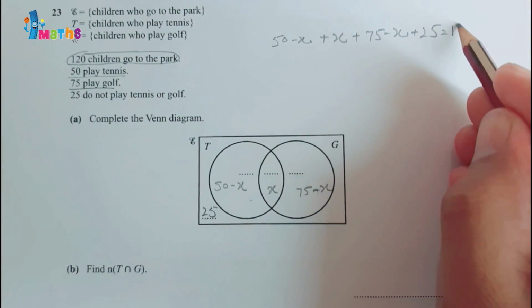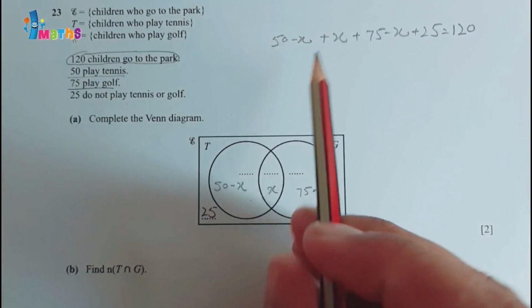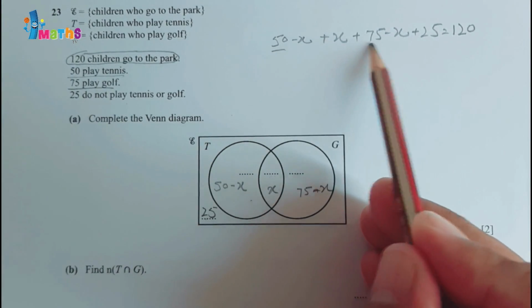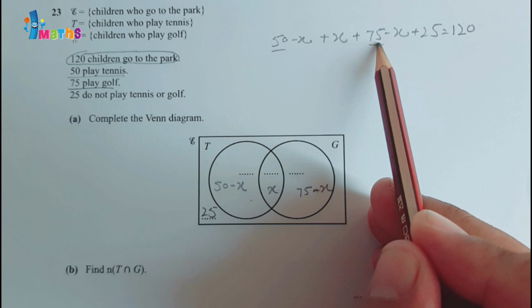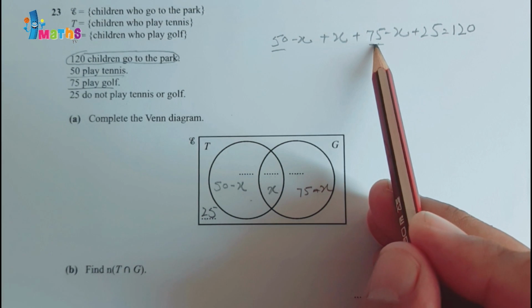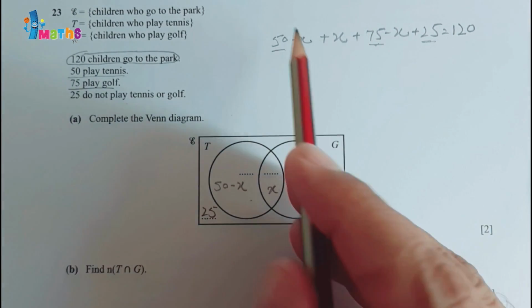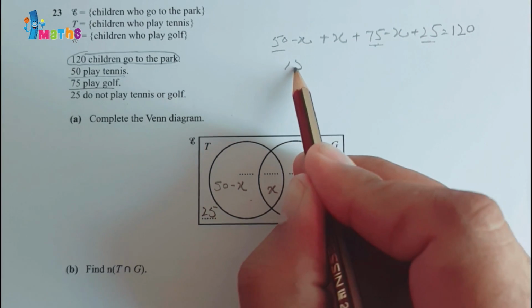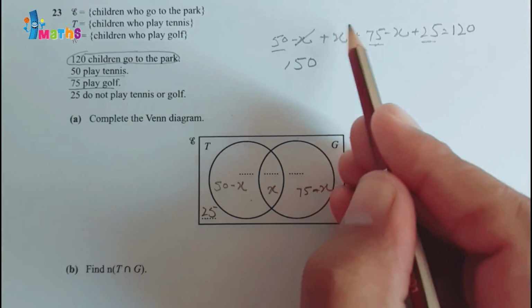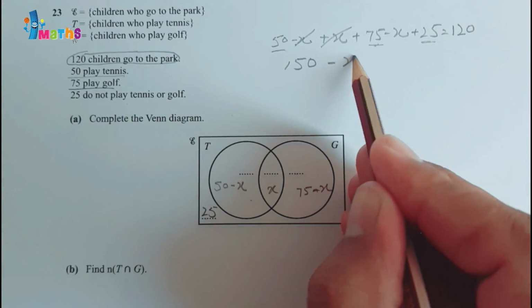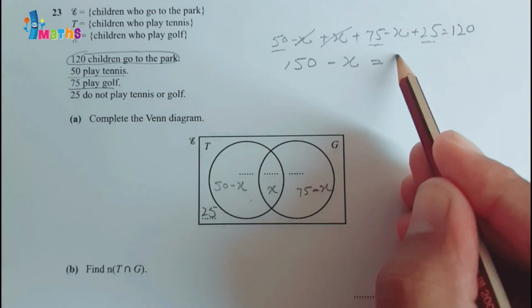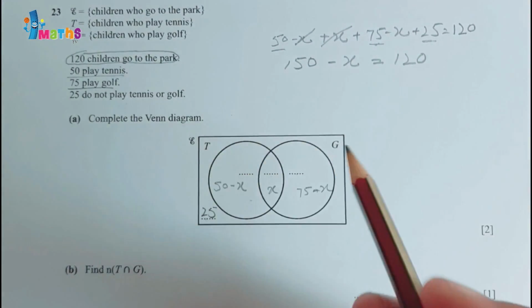So I will write equal to 120. This one and this one add up to 125, plus this 25, it will add up to 150. This minus x will cancel with plus x. So this minus x remains, equal to 120.